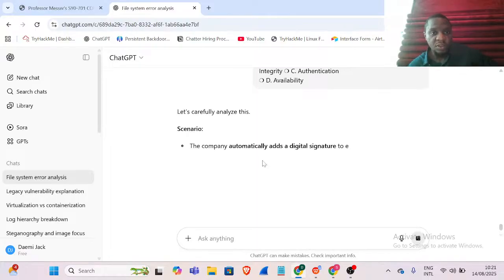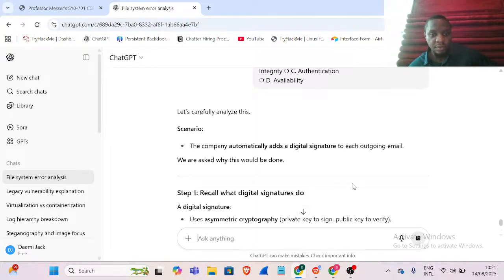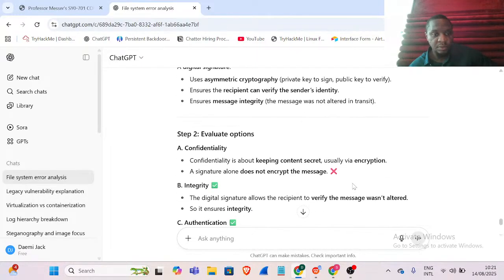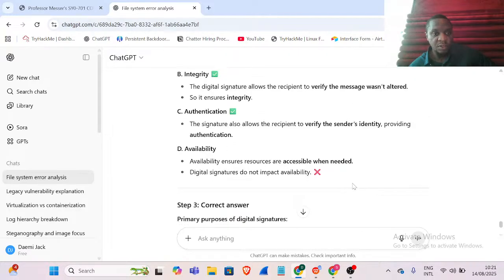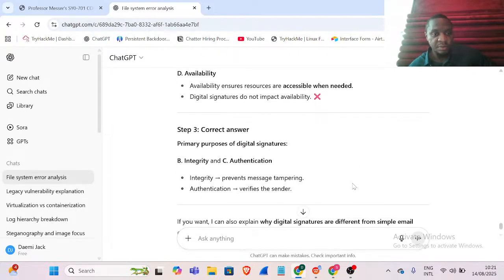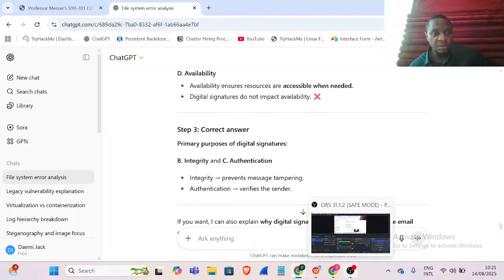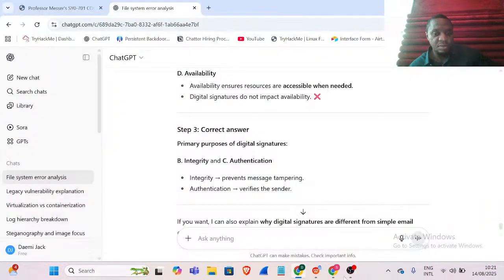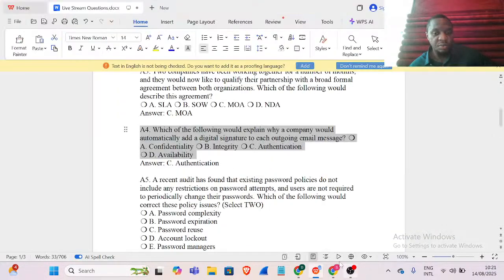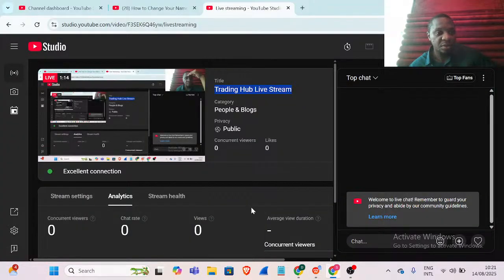It's authenticating, verifying the sender. So it's an authentication process.